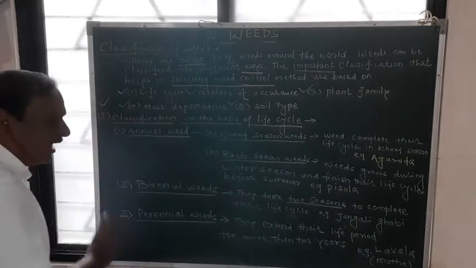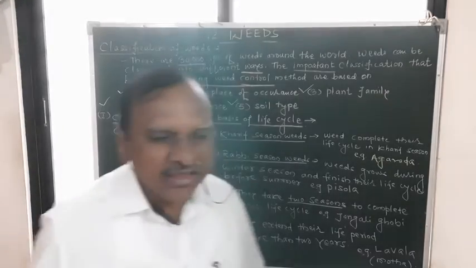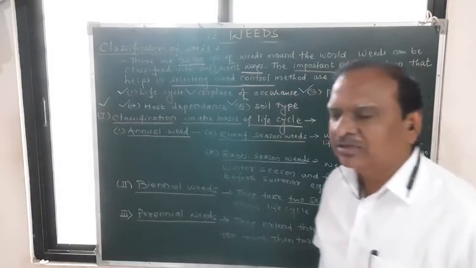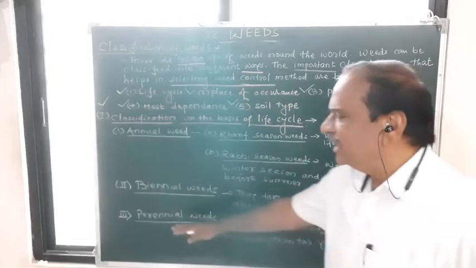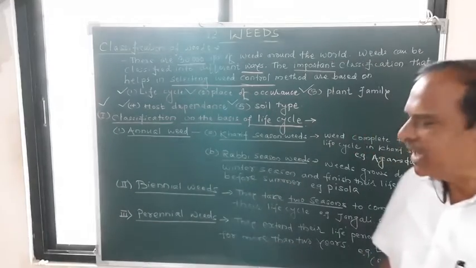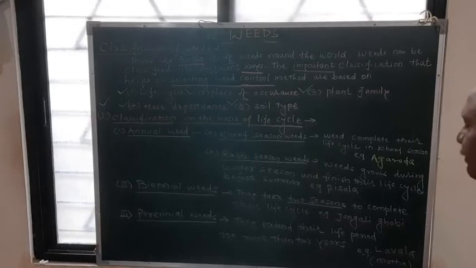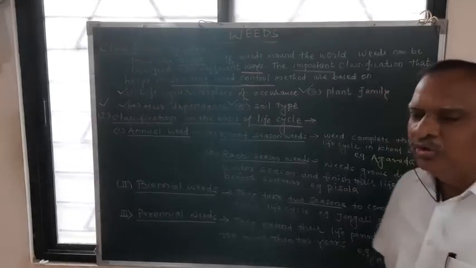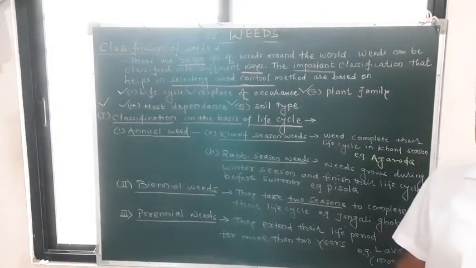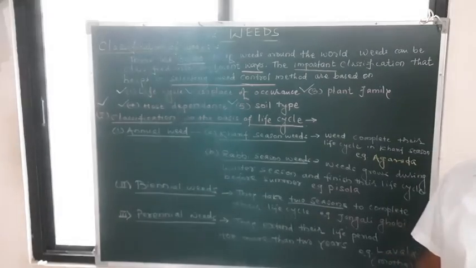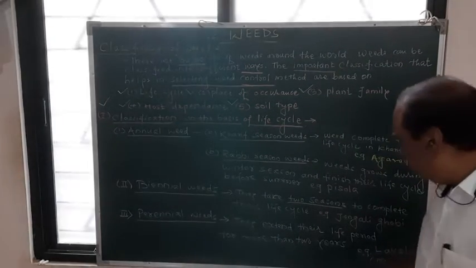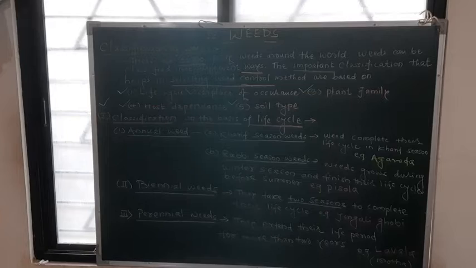And third is perennial. Perennial means they extend their life period for more than 2 years. It remains years together under the soil.